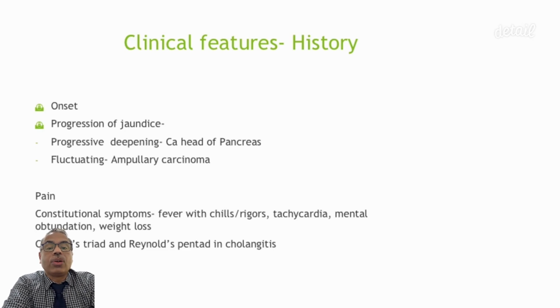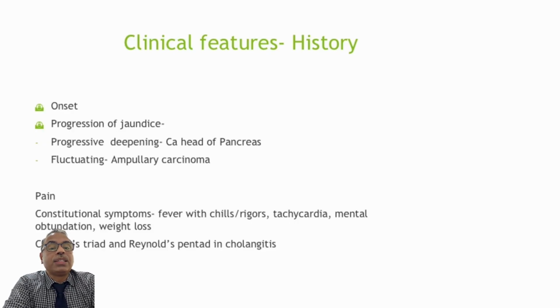Now, what exactly is cholangitis? Whenever there is biliary stasis, a reduction in the flow of bile or a mechanical obstruction, this biliary stasis will predispose to proliferation of microorganisms within that static bile, and this leads to ascending infection along the extrahepatic biliary system, and that's what is manifested as cholangitis.